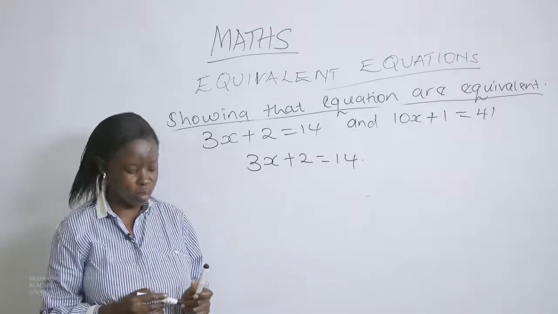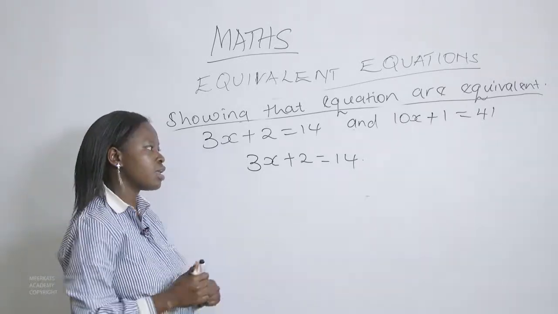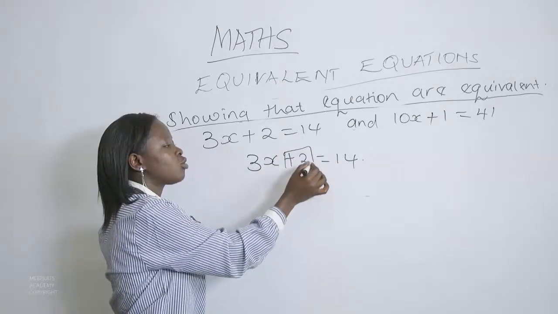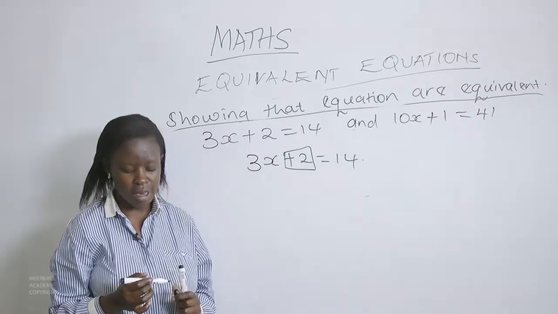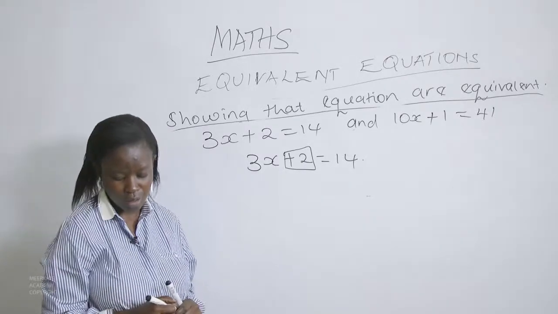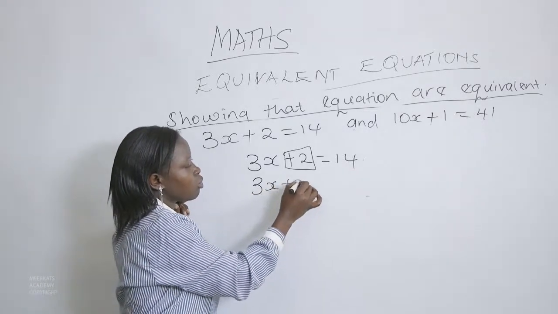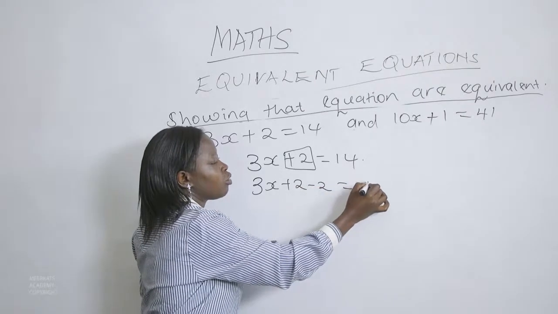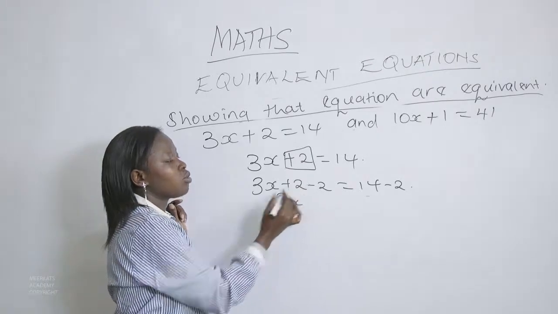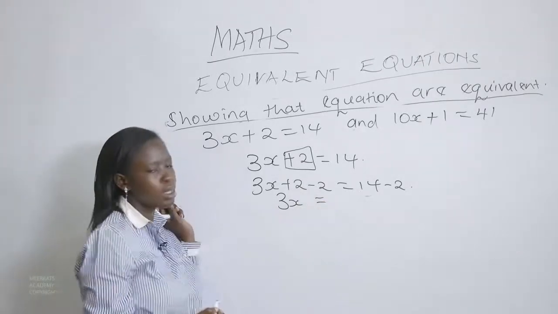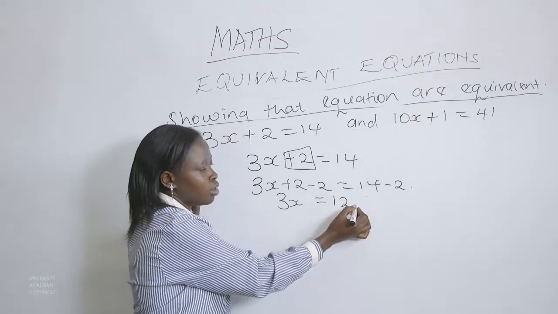Looking at this first equation, if I want to get an equivalent equation to this, it is possible to subtract 2 from both sides because I have a positive 2. So if I subtract 2 on both sides, I will have 3x plus 2 minus 2 equal to 14 minus 2. This gives us 3x, since 2 minus 2 is 0, equal to 14 minus 2, which is 12.